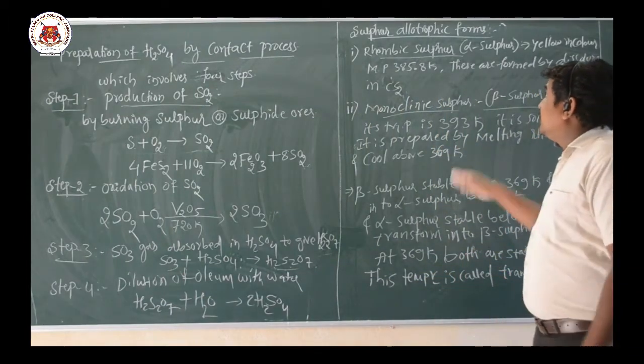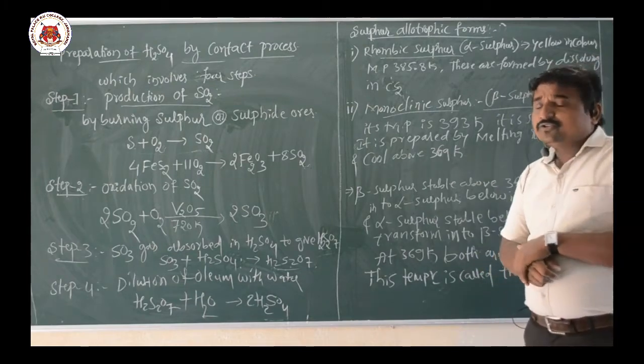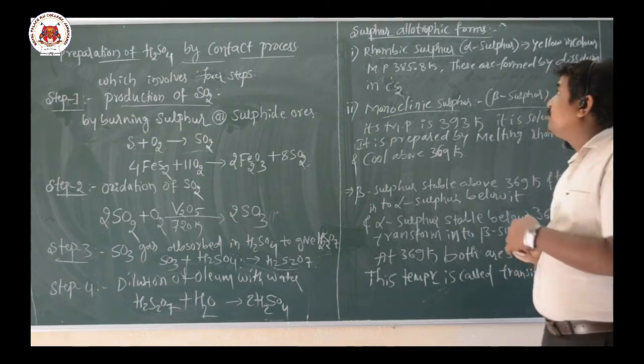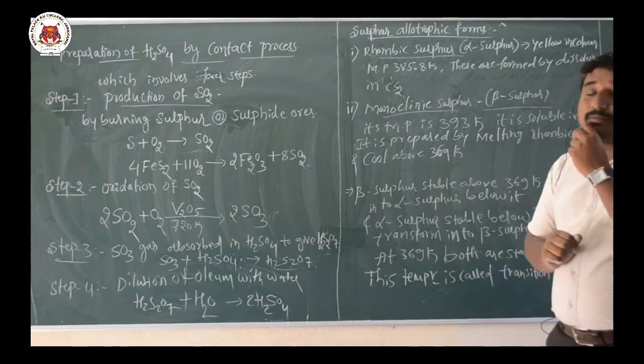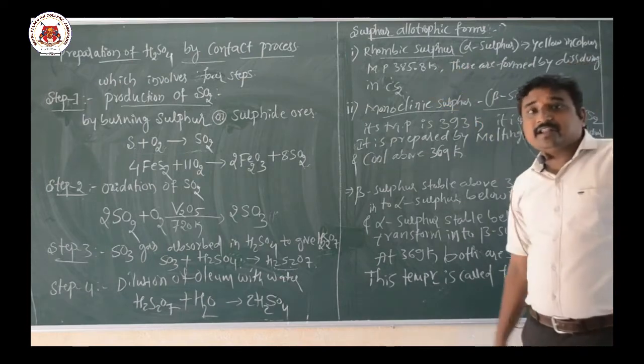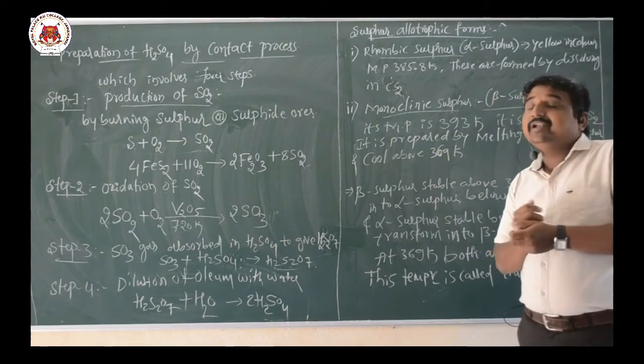Now the next concept is sulfur allotropic forms. Mainly two types of allotropic forms of sulfur are there: rhombic sulfur and monoclinic sulfur. The rhombic sulfur is also called alpha sulfur, and the monoclinic sulfur is also called beta sulfur.